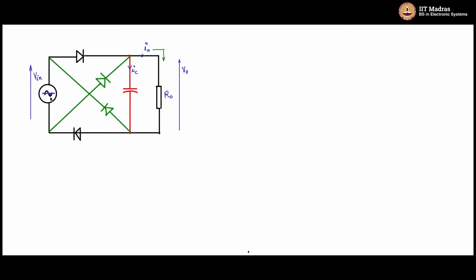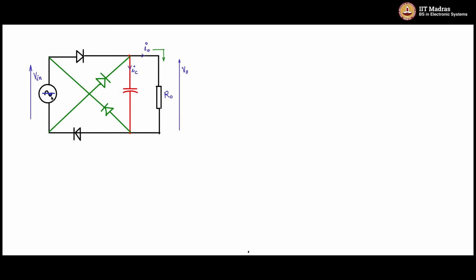So when the source is positive, the black colored diodes are used, and when the source is negative, the green colored diodes are the ones which are active.